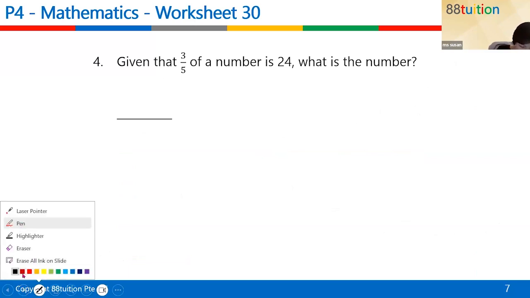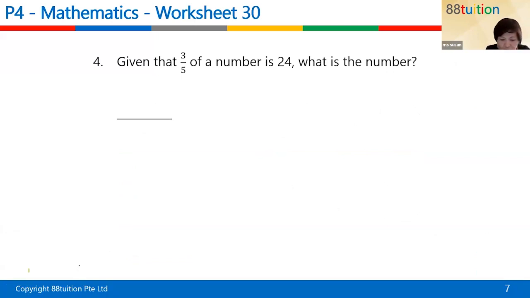For this one, I want to explain. 3/5 of this number is 24. What is the original number? Now, there are many ways I can do it. But the first way I want to show is the model drawing.